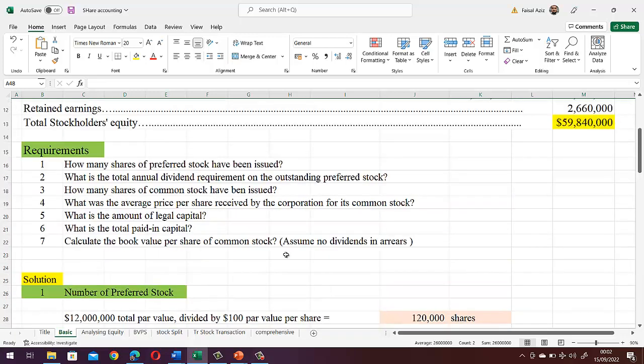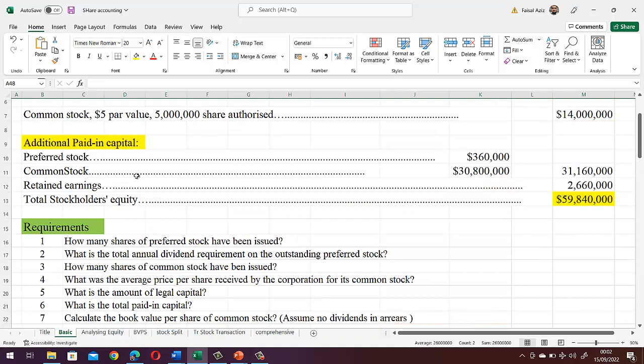For additional paid in capital, you can see that on preferred stock the company has collected $360,000 extra premium, and on common stock the company has collected 30.8 million. When we add both the amounts together, it will give us 31.16 million. So this is additional paid in capital.